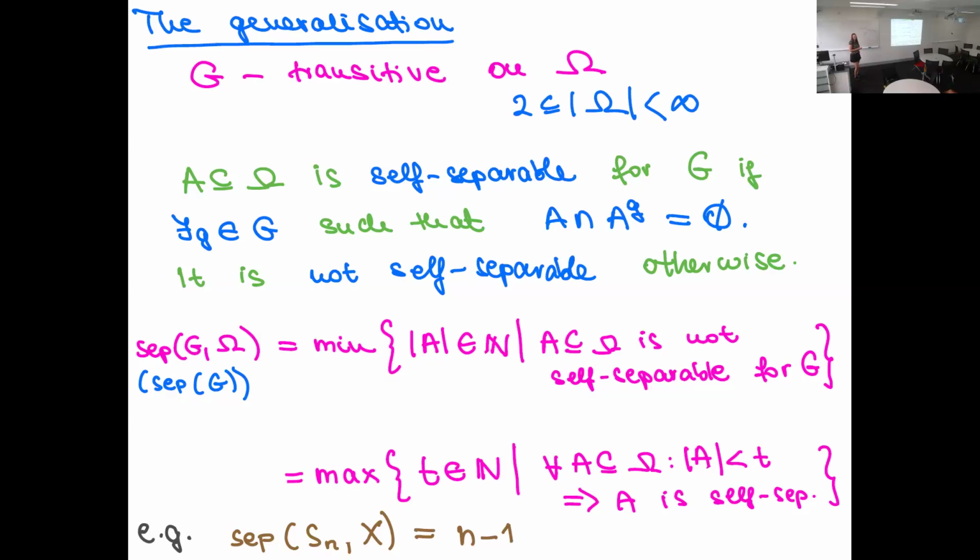And you can ask yourself, what is a nice closed subset on the two-sphere which is self-separable? I think this is a very exciting parameter, and I think it could be used in lots of places. So it's not bound to discrete. No. I think if you take anything acting on anything, you could define it. It just might not be so easy to solve.